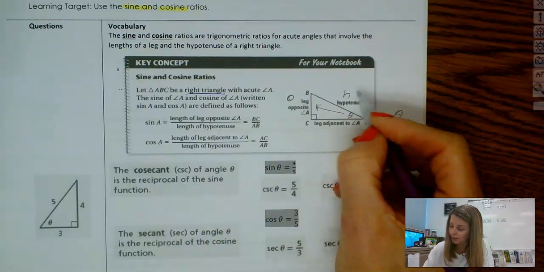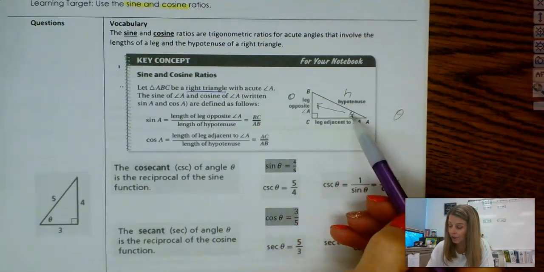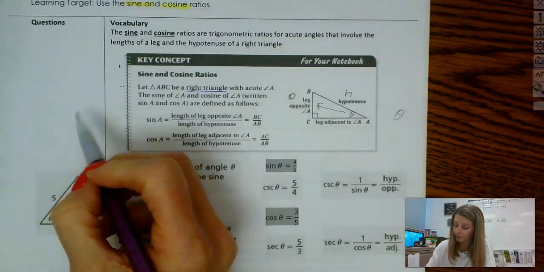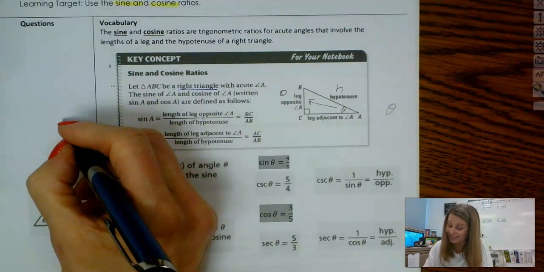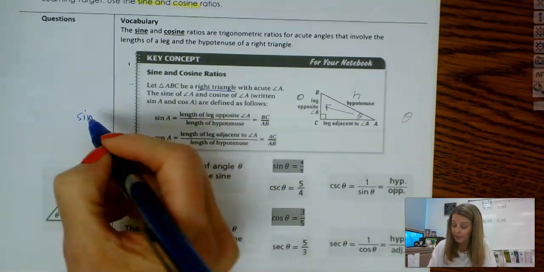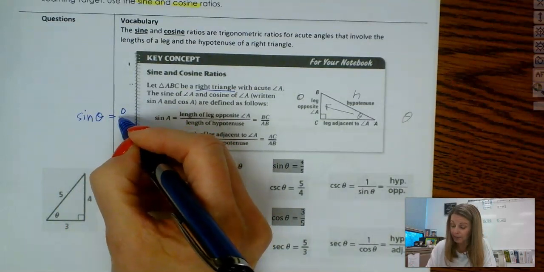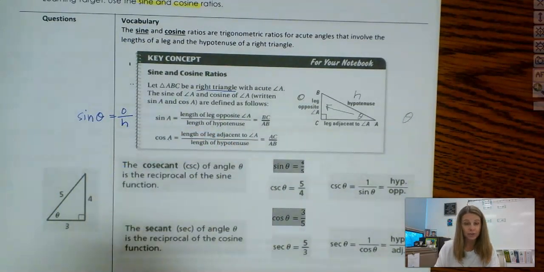So here's your hypotenuse. Oftentimes I'll define that as H. So I've got O over H, and I'm going to write over here to the side, the sine of theta, whatever angle, is opposite O over hypotenuse H.